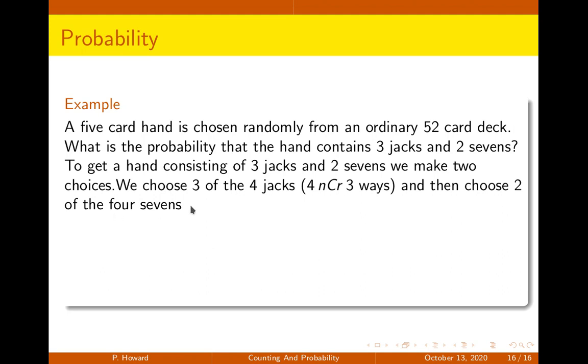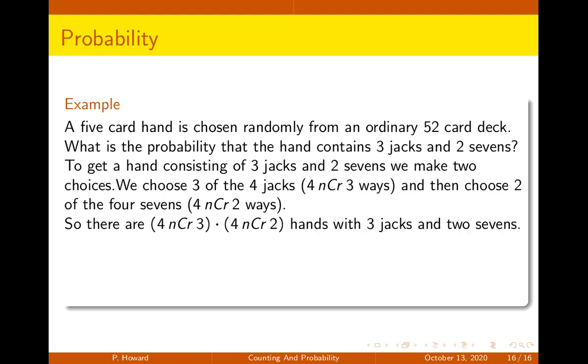And then we choose 2 of the 4 sevens. This will be the number of combinations of 4 things taken 2 at a time. So we're making 2 choices. We know the number of ways of doing each of the 2 choices. To get the number of ways of choosing the 3 jacks and the 2 sevens, we multiply. So 4 nCr 3 times 4 nCr 2 is the number of hands with 3 jacks and 2 sevens.